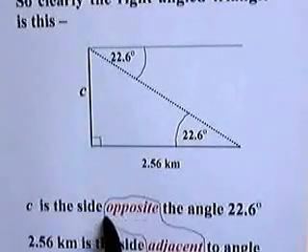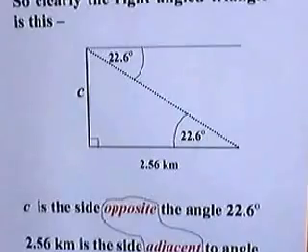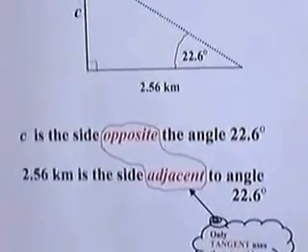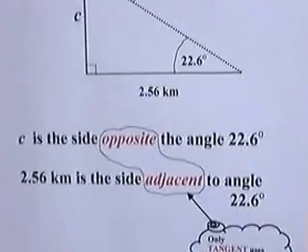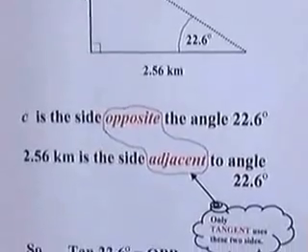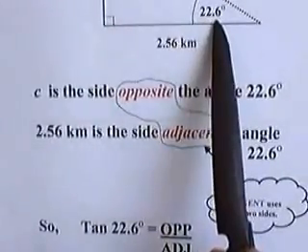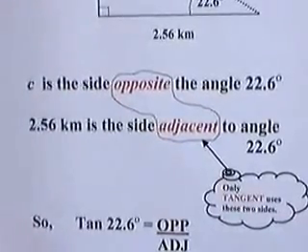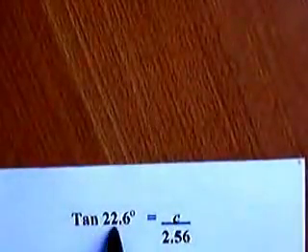Okay, now which trigonometric ratio only uses the lengths of the opposite and the adjacent sides? Which one is it? Yes, you're right, it's the tangent. Okay, so only tangent uses the lengths of these two sides. So immediately we can write that the tangent of 22.6 is equal to opposite over adjacent, and if we do that we get this little equation here.